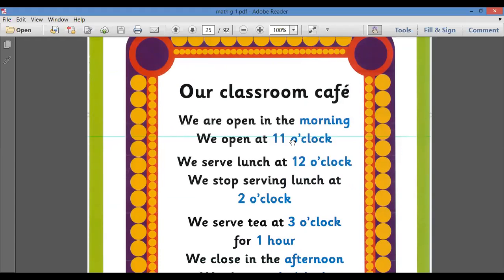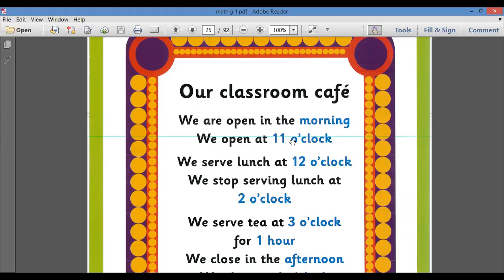So, approximately at 11 o'clock, we have a break time. And that is the time when students can relax, they can buy food, and they can have their food. So we need to sell things.